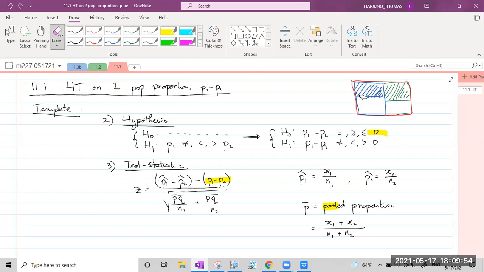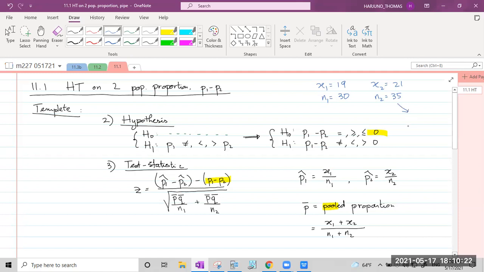Let's say, for example, x1 is the number of females in the class of n1. So let's say there are 19 females over 30 students in the first class. And in the second class, you have 21 females out of, let's say, 35 students. Now when we say we pool them, we put them together into one pool.